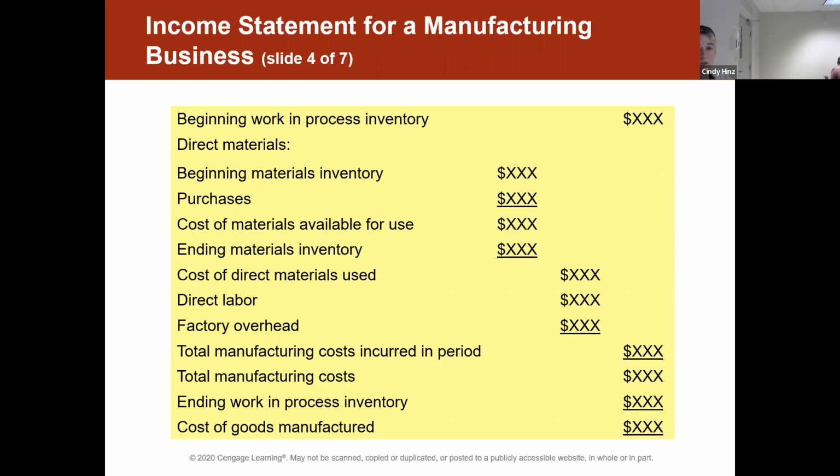What we are doing on the statement of the cost of goods manufactured is analyzing all of the flow of costs in and out of the work in process inventory account. That hand-drawn picture that I keep bringing up shows all of the arrows going into and out of the work in process inventory account, and that is exactly what we're accounting for here, all of the dollars that go through that account.